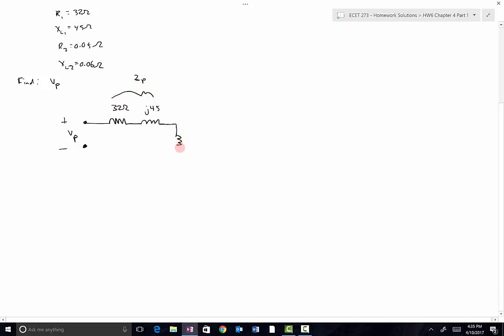Then we've got our ideal transformer right there, plus minus VP prime. The turns ratio was 8,000 to 480. The secondary characteristics were 0.05 plus J 0.06.